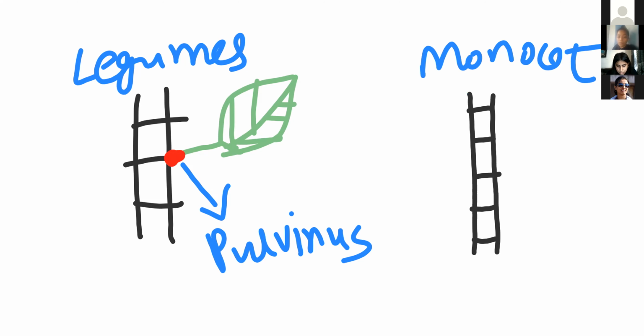Nodes are present, and leaves arise from the node in such a way that, understand this carefully, it looks like the entire leaf, but no. The part which is attached to the stem, this much part is actually the leaf base.